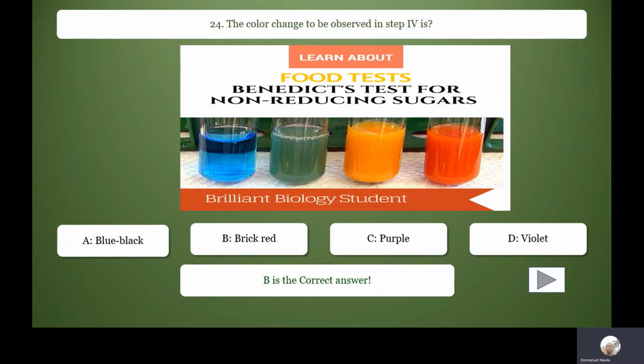All these other colors are for other food tests, like blue-black for starch, purple and violet for protein. You know, when you do the biuret test, you get purple or violet. But brick red, you get that when you do a sugar test.